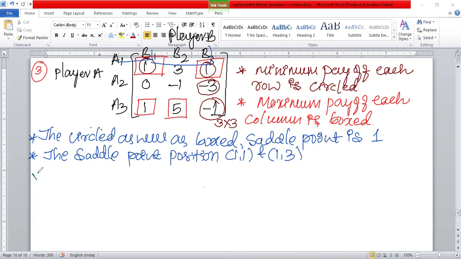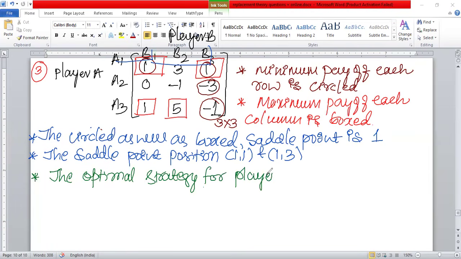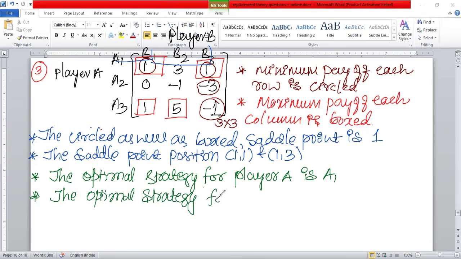Now the optimal strategy for player A is A1. Similarly, the optimal strategy for player B is B1 and B3.